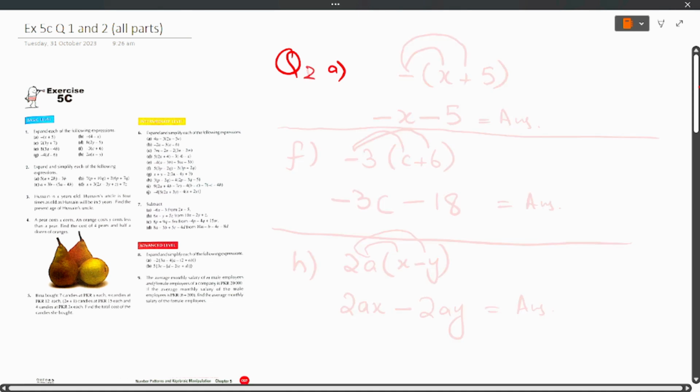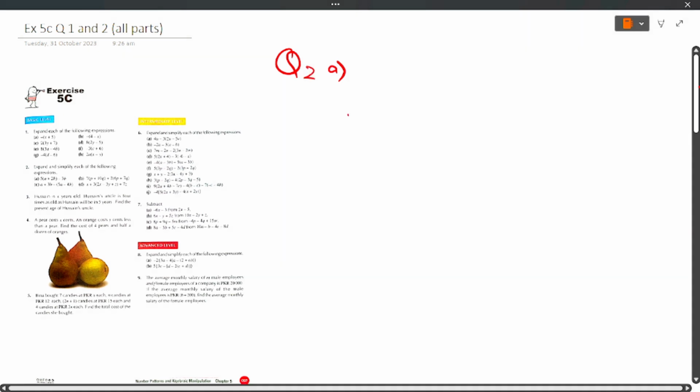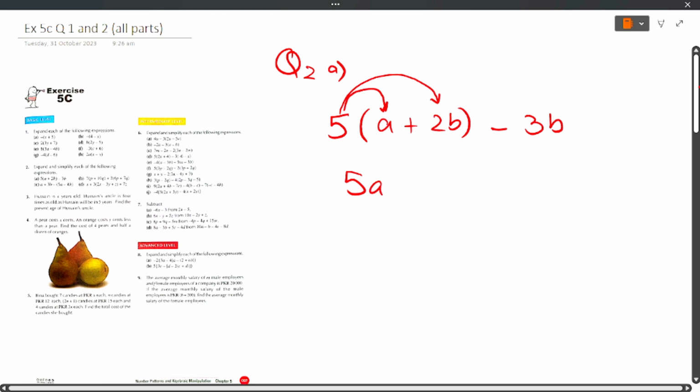I'm writing the question. Question 2, part A, that is 5 into A plus 2B, and then minus 3B. Okay, remember what we have to do? This 5 is basically multiplying with this group. So I am going to multiply 5 with A and then 5 with plus 2B. 5 multiplied by A, what will be the result? 5A and then plus 2B needs to be multiplied. 5 multiplied by 2 is plus 10B.